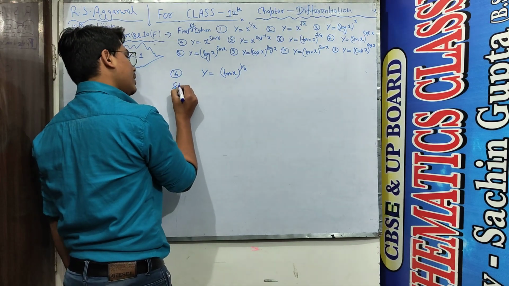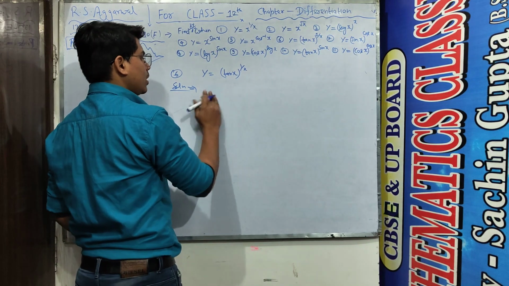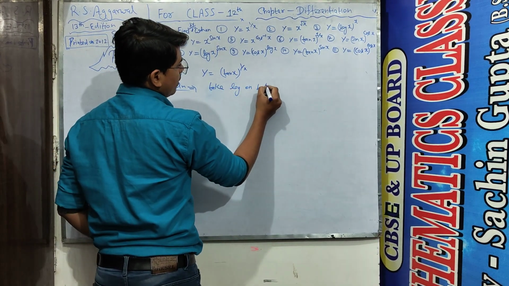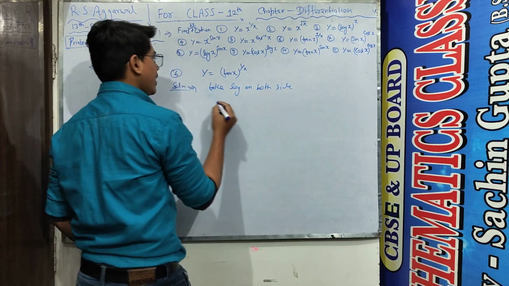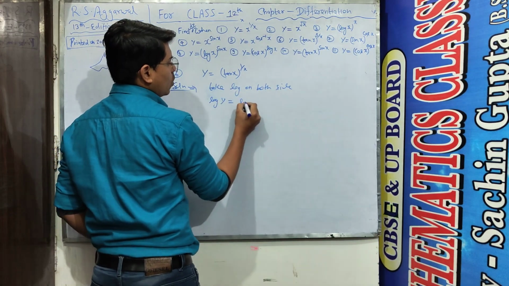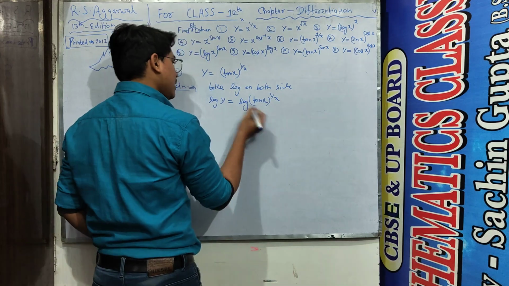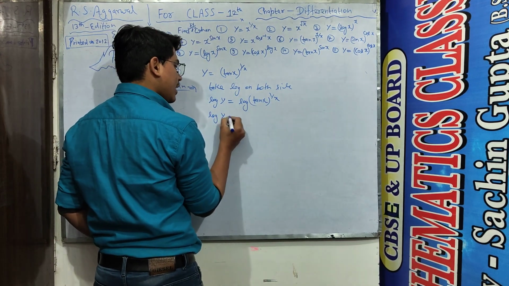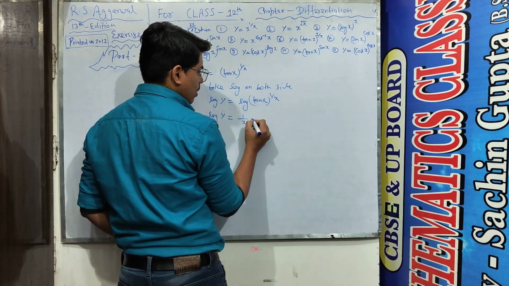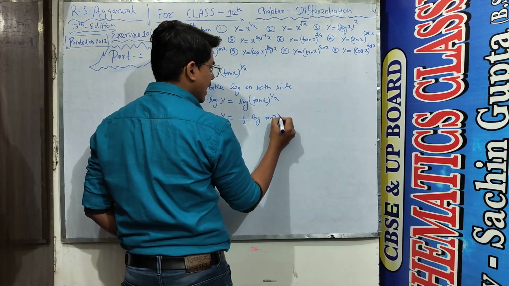Now I take log again, take log on both sides, then it becomes log y equal to log of tan x whole to the power 1 by x. And as we know that the power comes before the log, then it becomes 1 by x into log tan x.